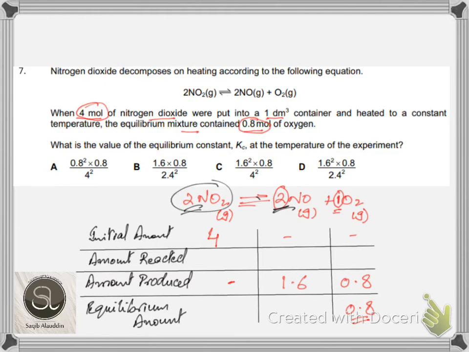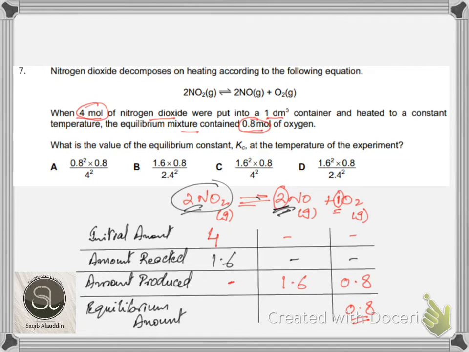I repeat, if 1.6 of NO are produced, then how much of NO2 is reacted? 1.6 moles of NO2 reacted, because remember, when 2 moles of NO2 react, they produce 2 moles of NO. So that means 1.6 moles of NO2, when they react, will produce 1.6 moles of NO. I'll put a dash here in amount reacted in front of the reactant.